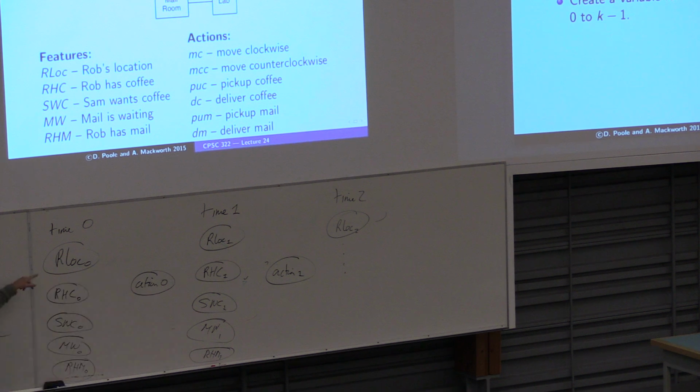So now, the initial state, we're going to assign something to all the variables, and we're going to assign the goal. Some of these are going to be constrained. This is going to be constrained by the initial state. The initial state constrains the time 0 variables.